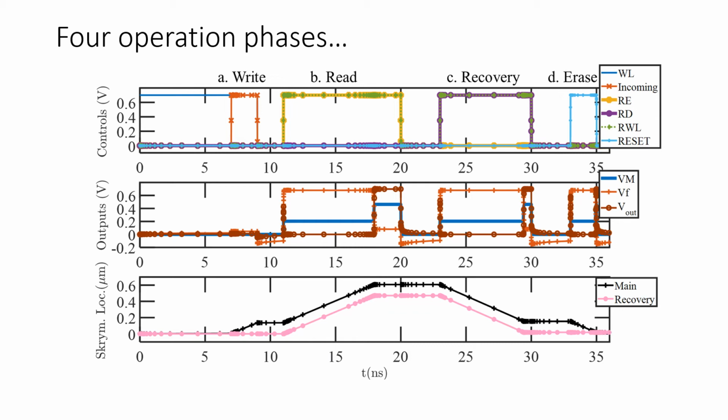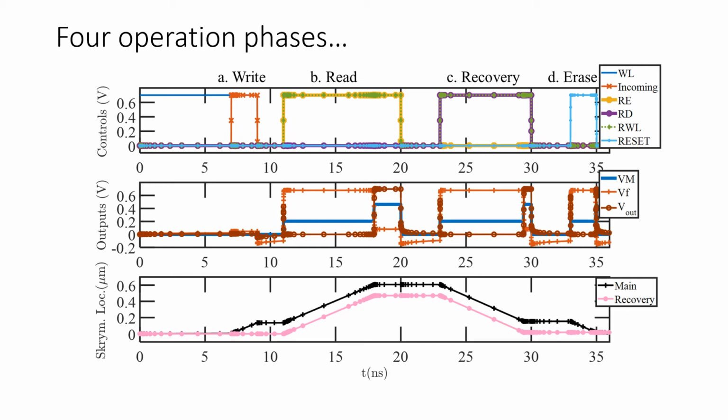So you may not exactly reach the center of the MTJ, but if you do the scaling of the MTJ sizes properly, you can pretty much recover the same exact amount of distance that you went back. You can see there was this blip that happened because it hit that MTJ again, and this one was actually from the recovery one. And now in the erase phase, all you do is send the main racetrack skyrmion back.